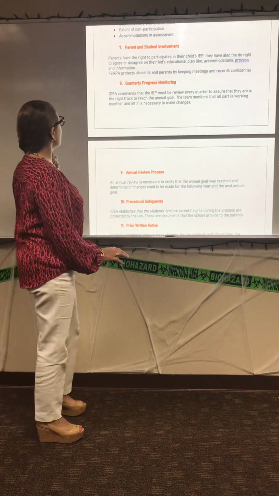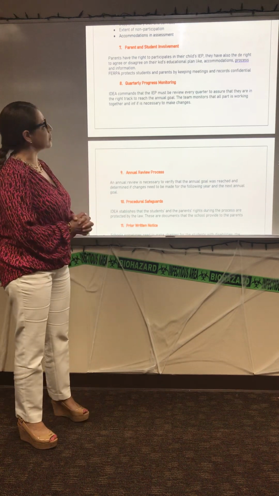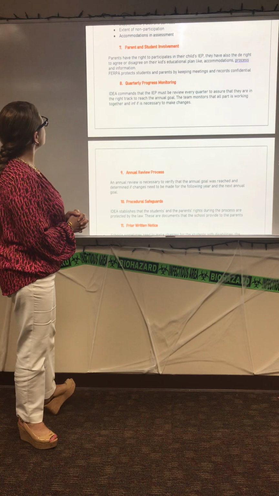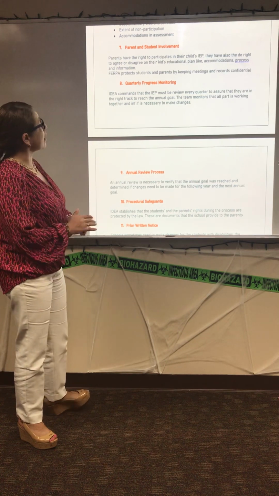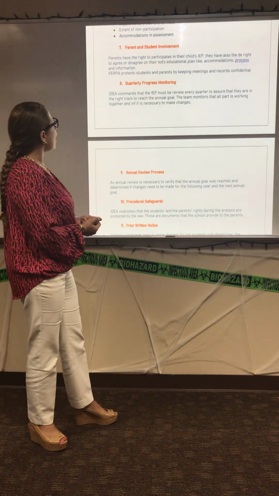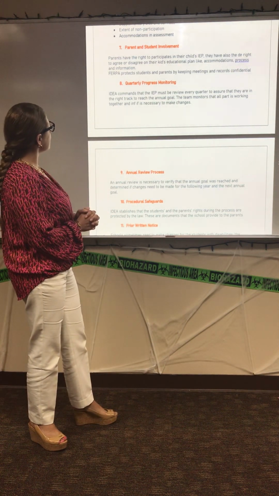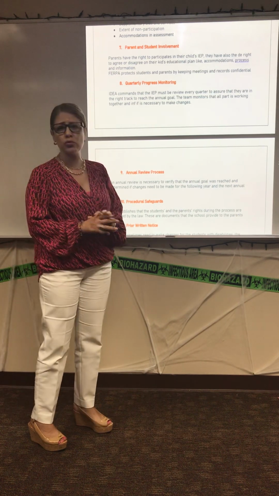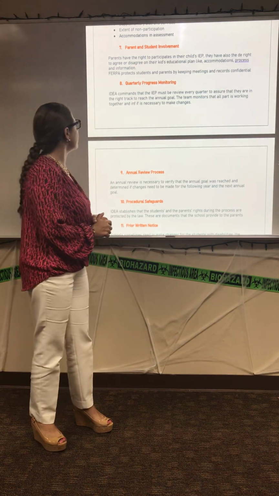Parent and student involvement. Parents have the right to participate in the IEP. They also have the right to agree or disagree with the plan that the team is going to propose for them. And also something very important here is that FERPA protects the students and the parents, so all those records and meetings are going to be confidential.